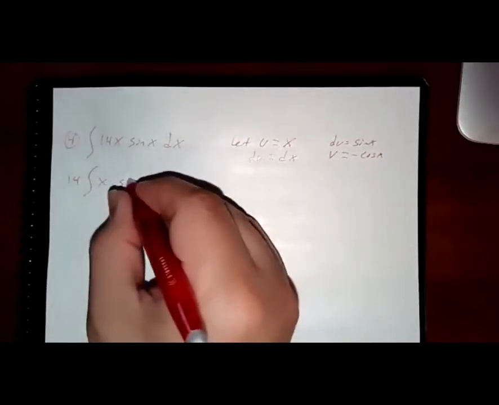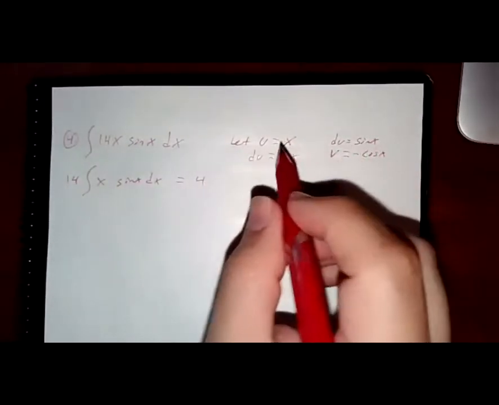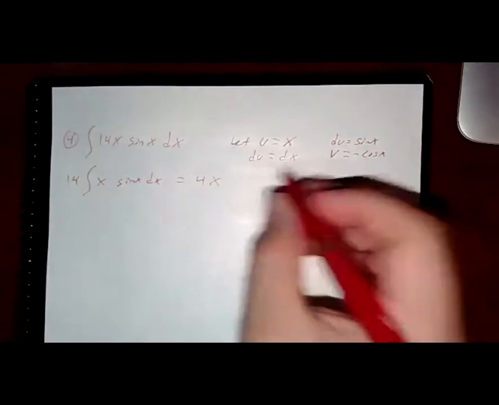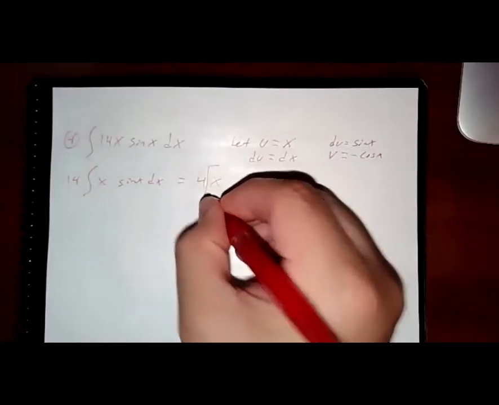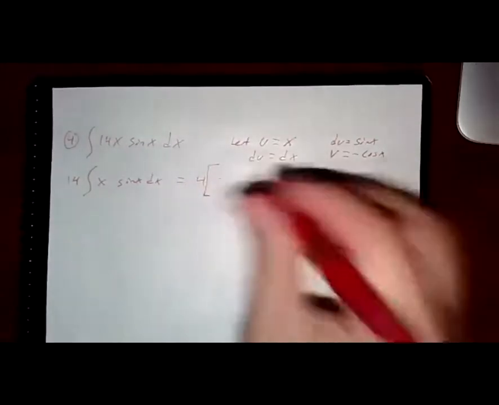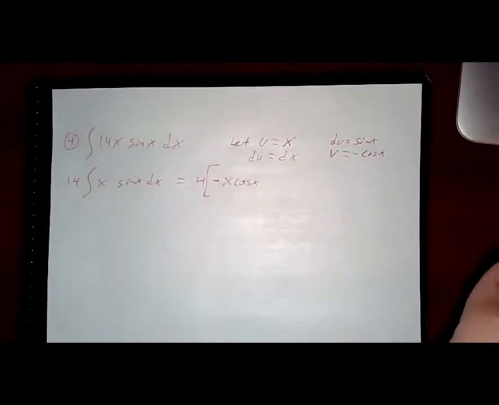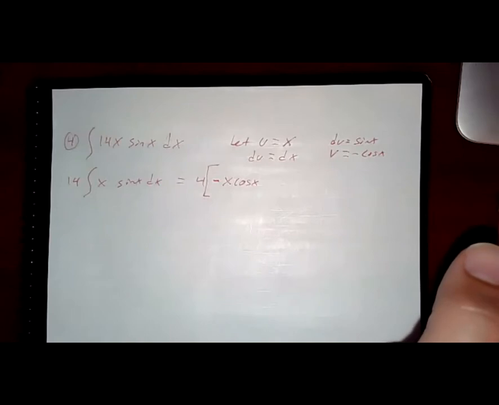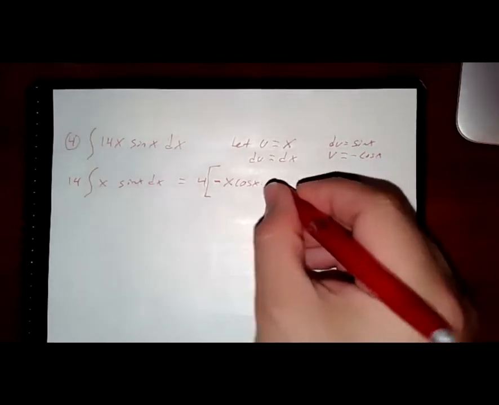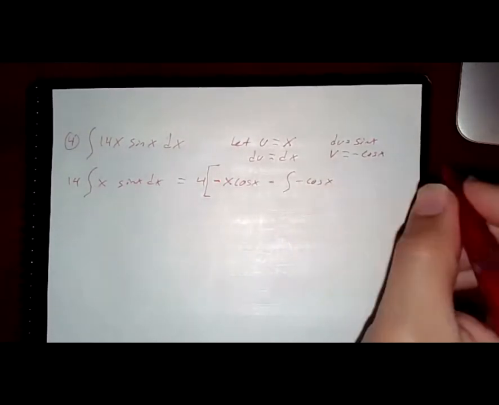The integral of x sine x dx is equal to 4 times, so the formula is u times v. I'm going to put brackets on the 4. u times v would be negative x cosine x minus the integral of v du.